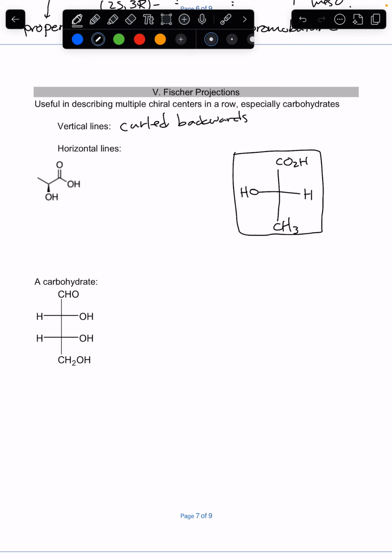And then the horizontal lines in the Fischer projection, they're pointing toward you as though they all wanted to hug you or something. So when I think of Fischer projection, I think of a shrimp that's curled backwards, not forward, sticking out their little legs to try to hug you, right? Like they're pointed towards you.